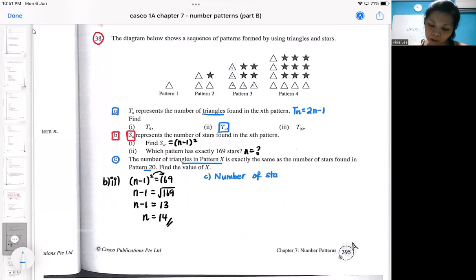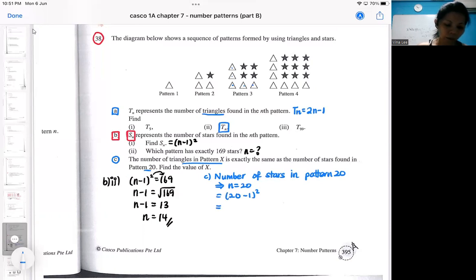What is the meaning of pattern 20? It means n is equal to 20. You use your formula, you will get 20 minus 1 square. That will be the number of stars.